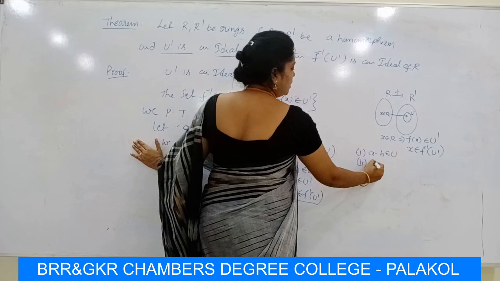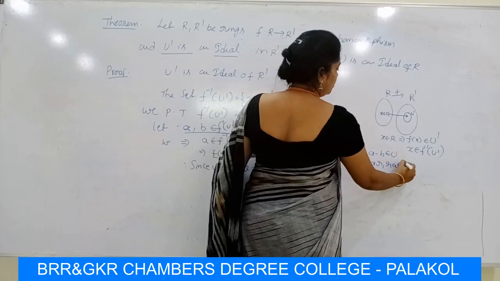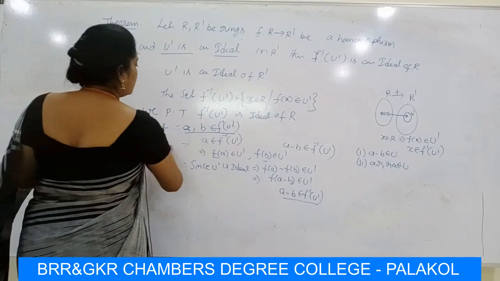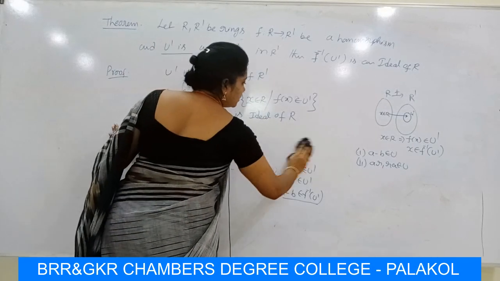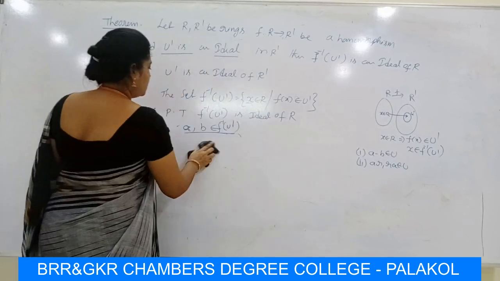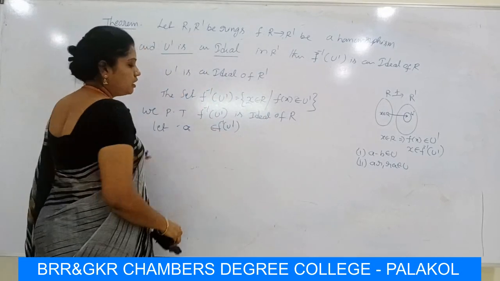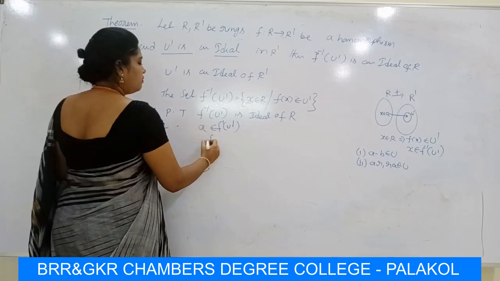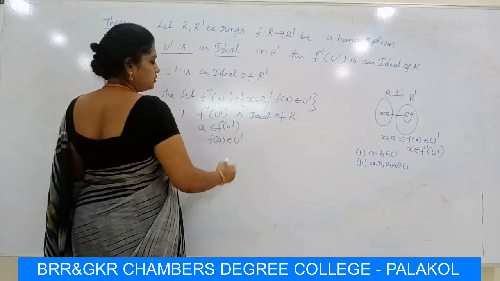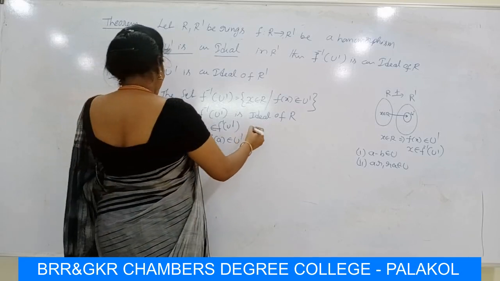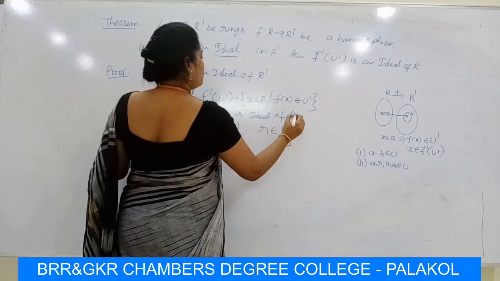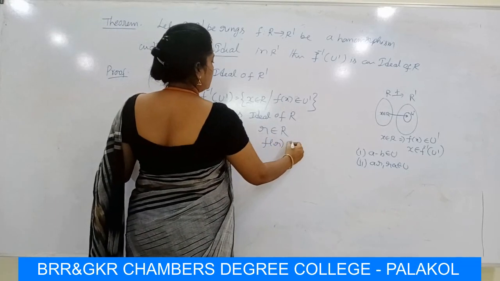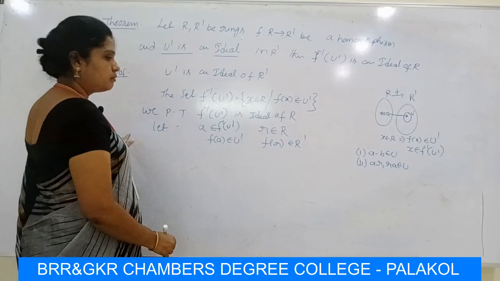Second condition is that AR, RA belongs to U. So we take any element a in F inverse U dash. Then F of a belongs to U dash and small r belongs to capital R. Then its image F of r belongs to R dash.